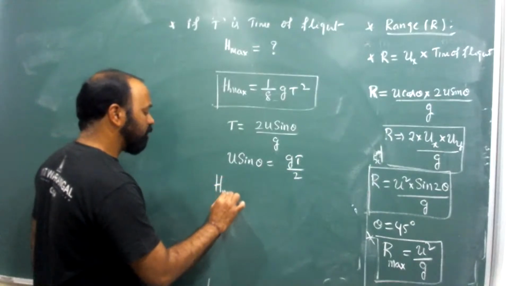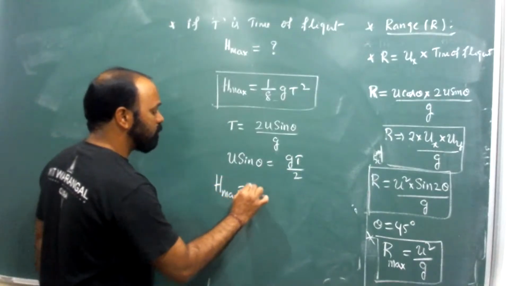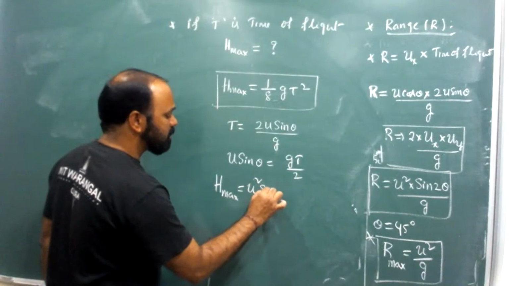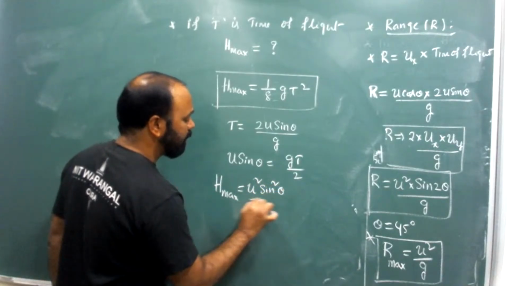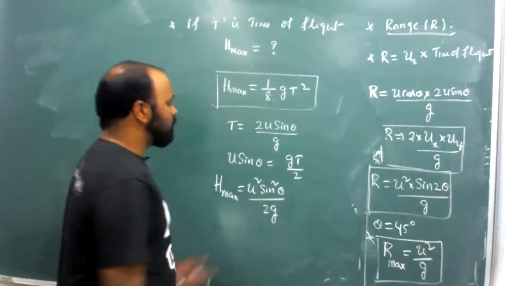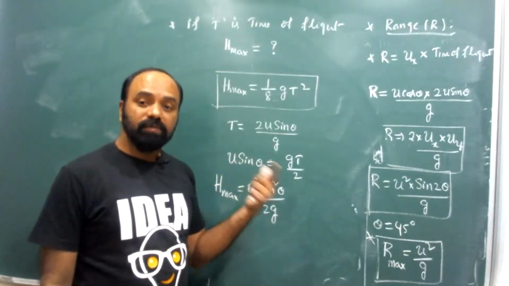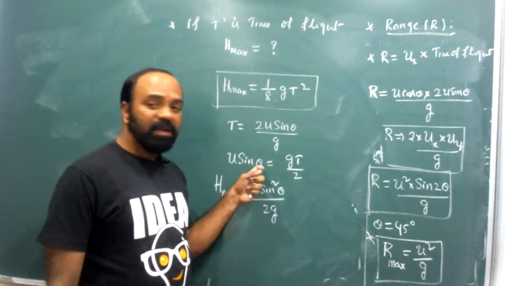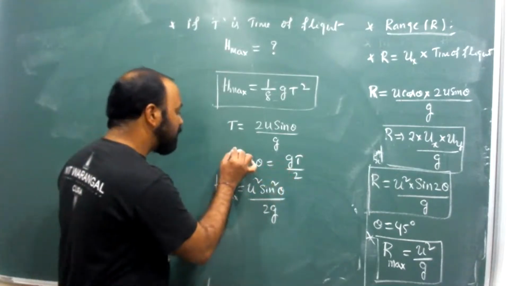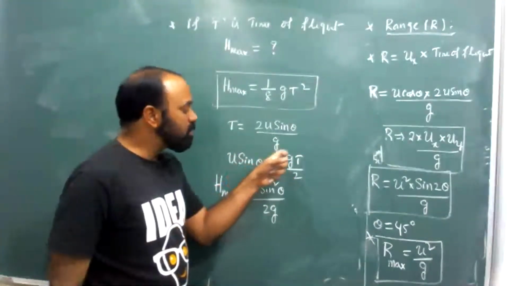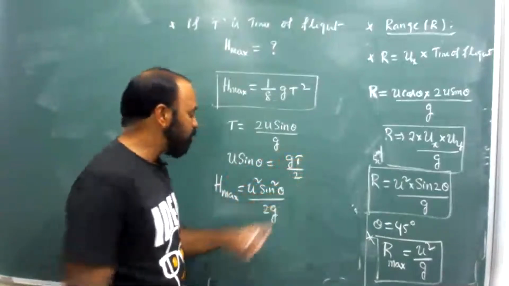In the maximum height formula, we have u square sin square theta by 2g. The value we have is u sin theta, but in the formula we have u square sin square theta, so squaring on both sides, we get u square sin square theta equals g square T square by 4. Keeping 1 by 2g as it is, u square sin square theta becomes g square T square by 4.